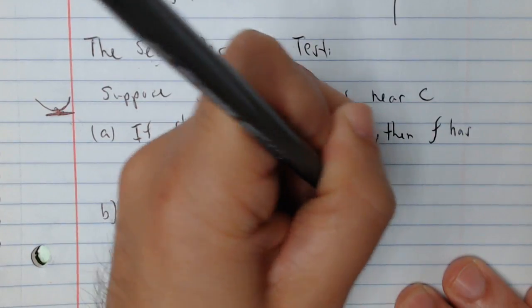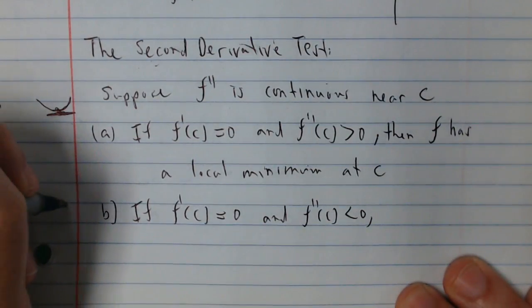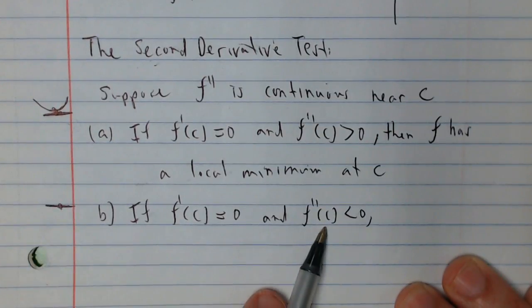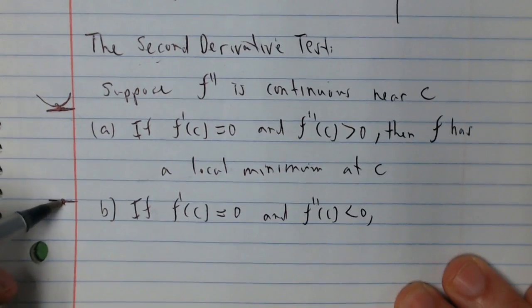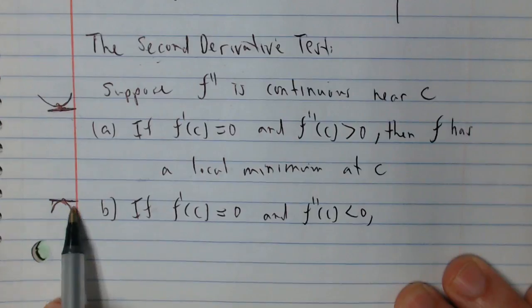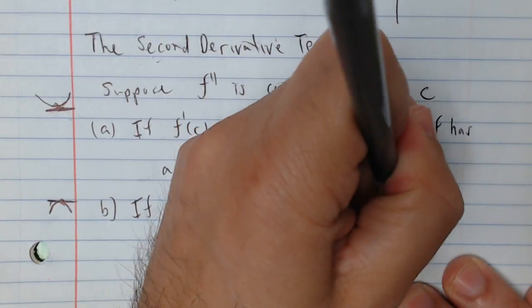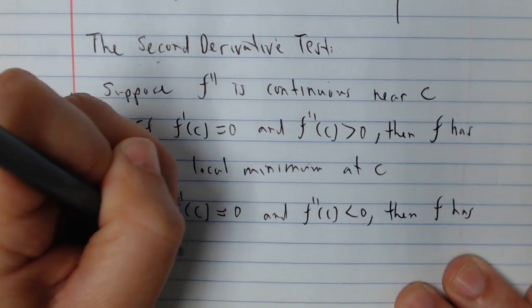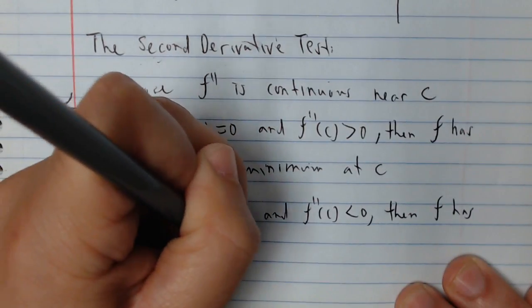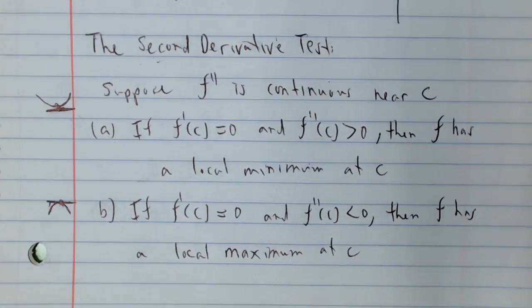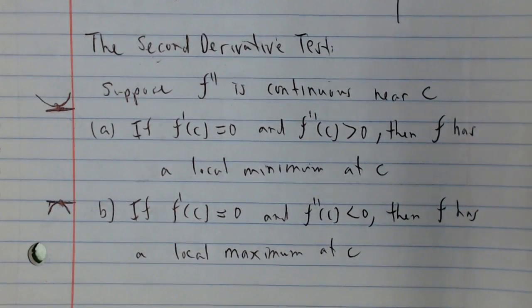All right, and then the second statement is if f prime of C equals 0 and f double prime of C is less than 0, so once again, the tangent is horizontal, and at this point, f double prime of C is less than 0, that means it's concave down, which means I've just captured a local max. So then f has a local maximum at C. So what's the problem here?